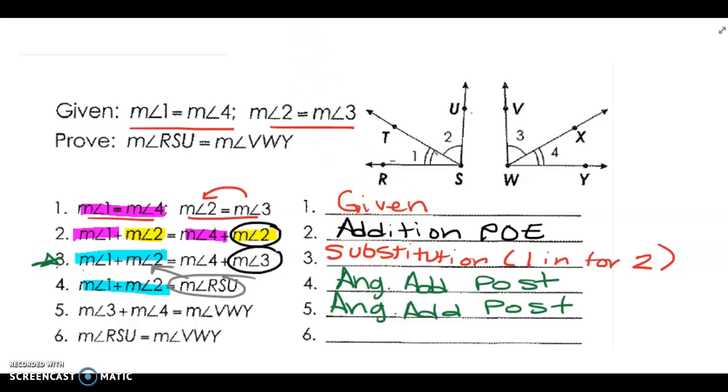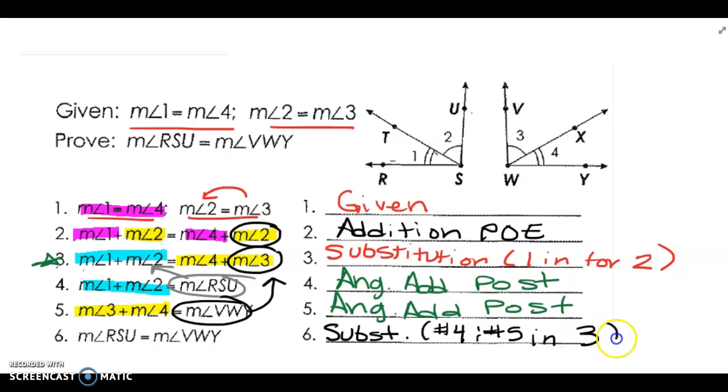Then measure of 3 plus 4 is right here and here, so I can substitute this in for this. So I'm using lines 4 and 5 into line 3. And that is the second angle proof.